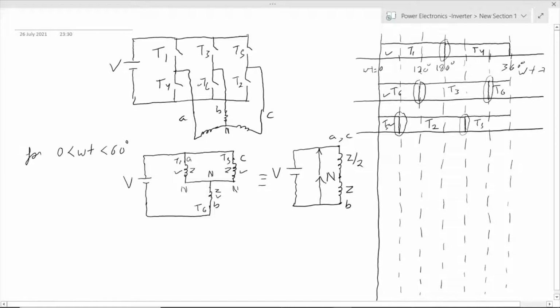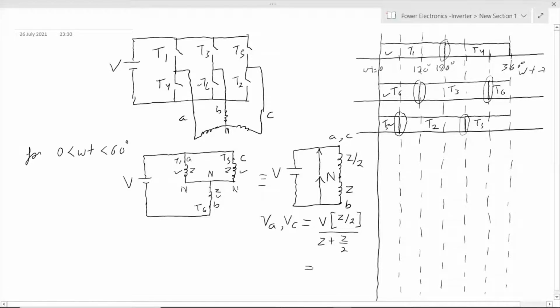A, C to neutral and B to neutral. So we need to apply a simple voltage divider rule: the voltage across A or C will be equal to V into the impedance across it, that is Z by 2, divided by Z plus Z by 2. Simple.